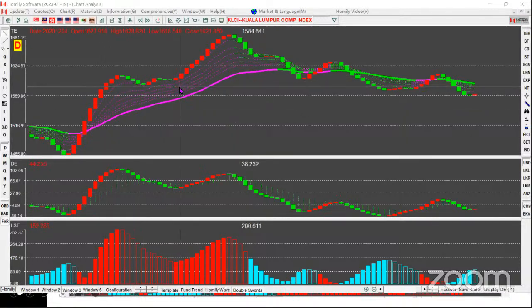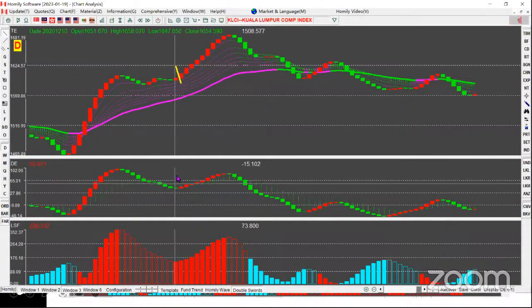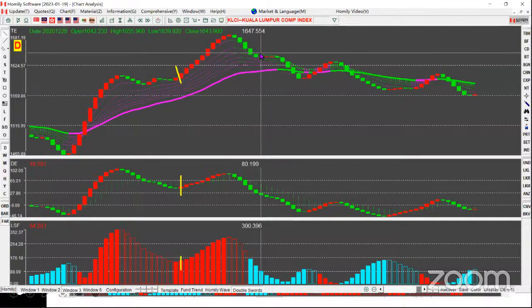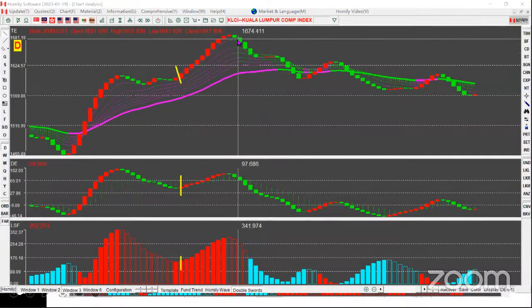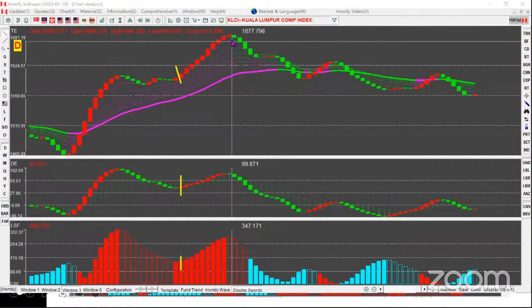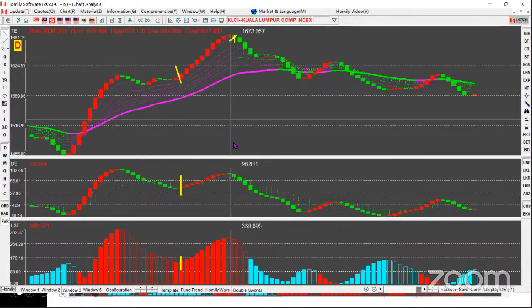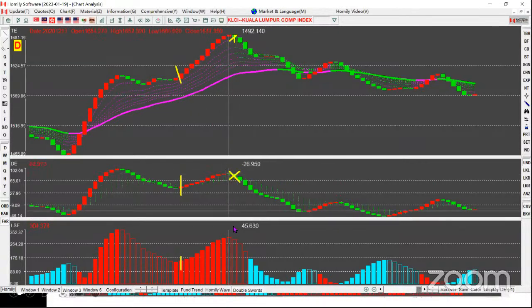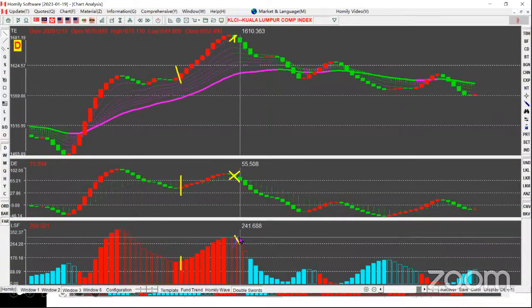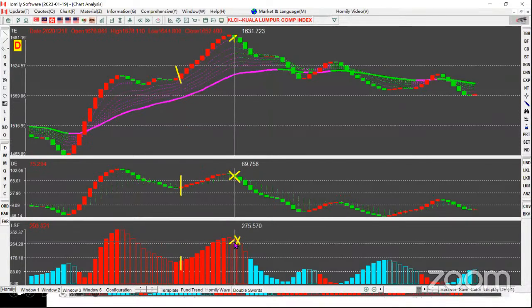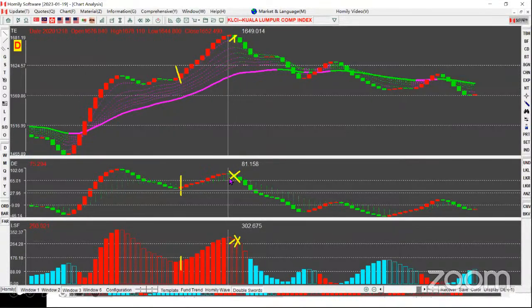Then here, for example, these 3 red will be our buy point. This green day will be our sell point. The first green, 2 green, 1 hollow is a sell point, and you need to be careful because you already find the deviation sign.